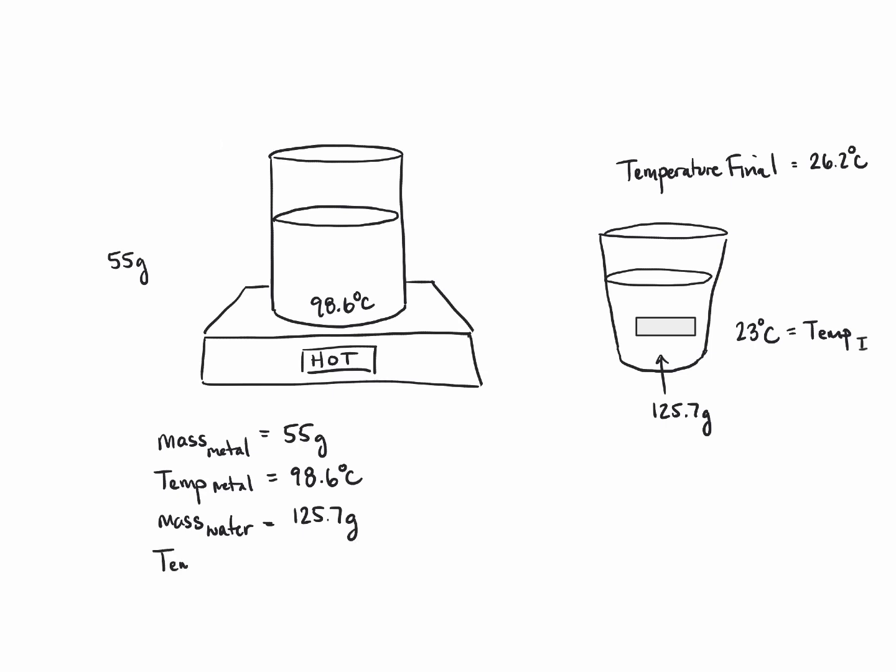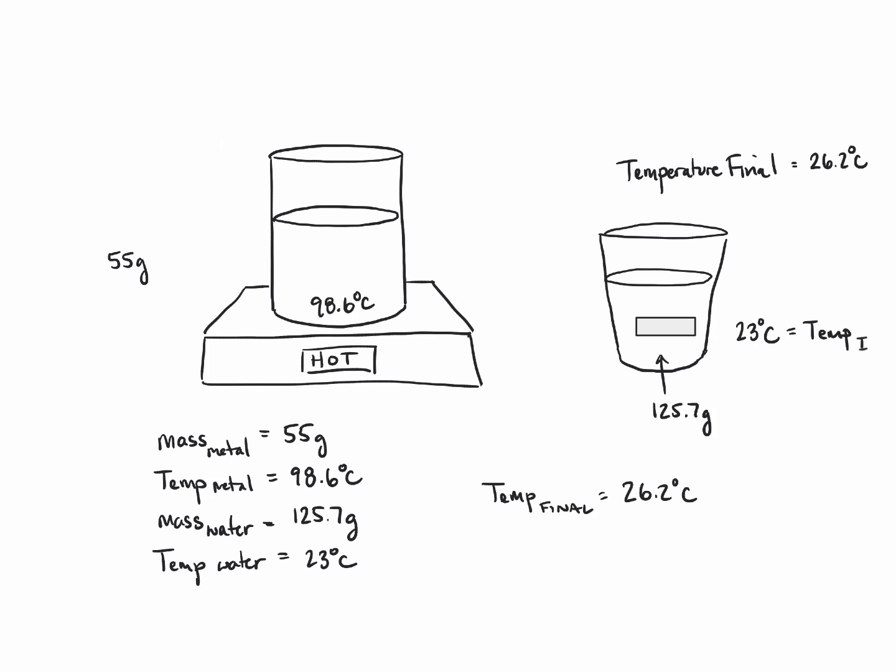And the temp of the water equals 23 degrees Celsius. After the fact, we end up having a temp final, or the equalized temperature, equal to 26.2 degrees Celsius. So this is the whole setup. We've got everything going on.